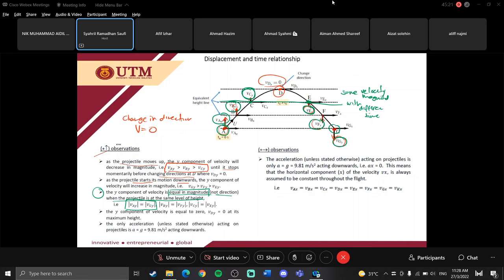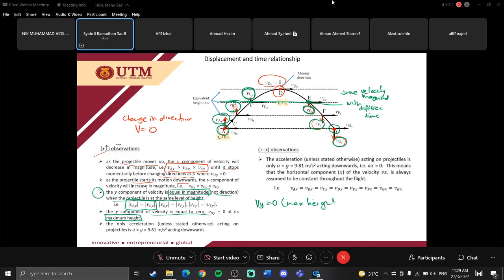Okay, so the y component of velocity is equal to 0 at its maximum height. This is another important term here. At the maximum height, velocity along y is 0. So Vy equal to 0 at maximum height.